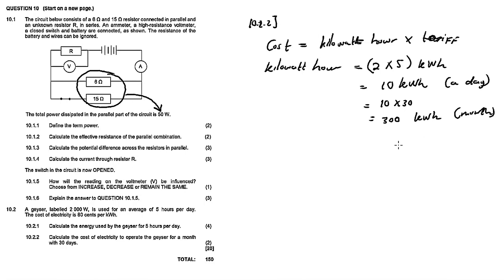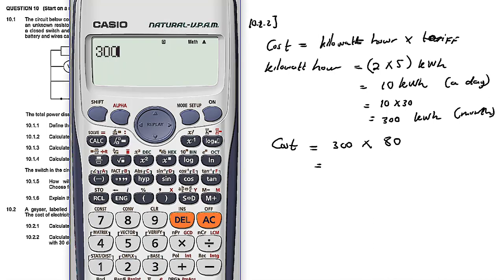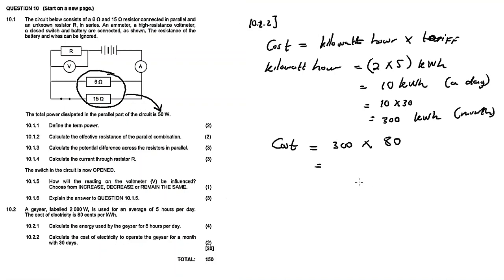Now the cost is equal to 300 times the tariff of 80 cents. So it's 300 times 80 is equal to what? 24,000 cents.